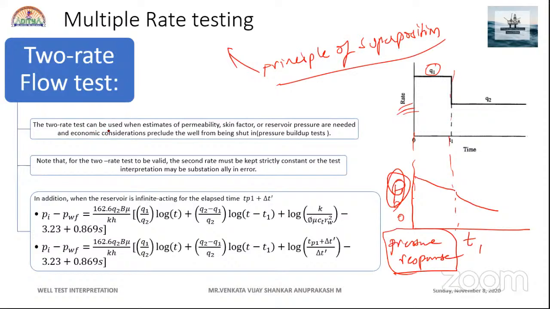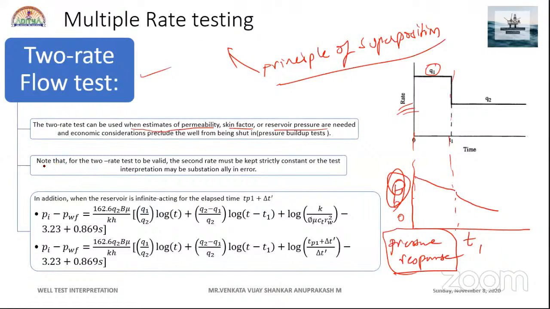So when we have a change in rate, the two rate test can be used when estimates of permeability, skin factor or reservoir pressure are needed. During that time, we'll use a two flow rate test.